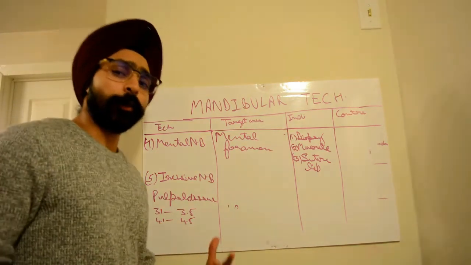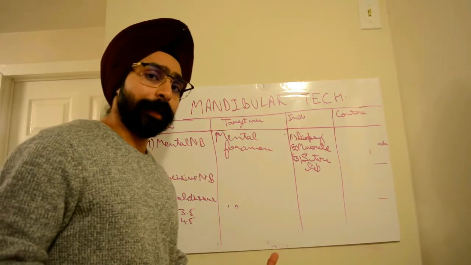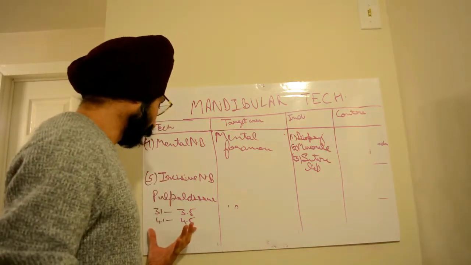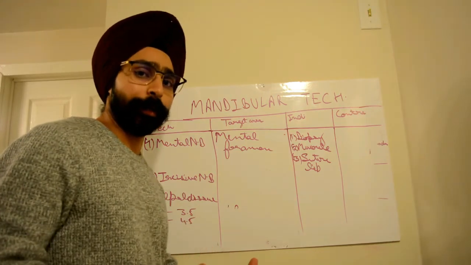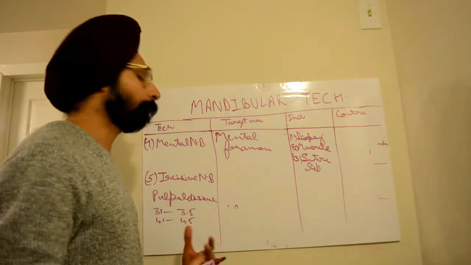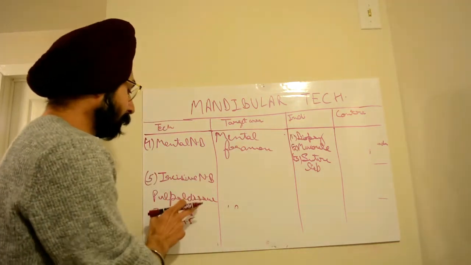The indications are in case you want to perform scaling or root planing in case of anterior teeth or up to premolar teeth. In that case, instead of giving inferior alveolar nerve block, we will give incisive nerve block.